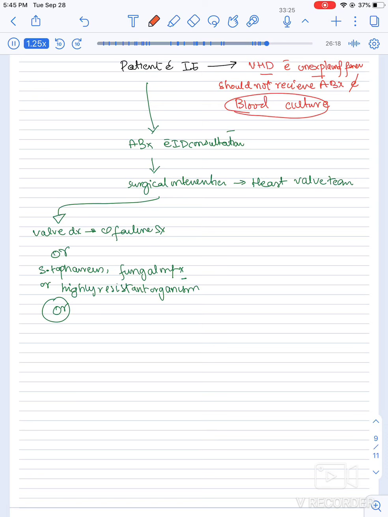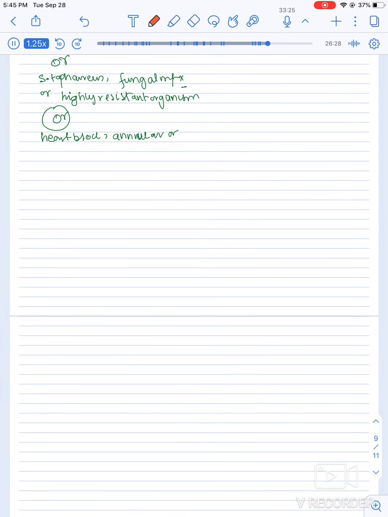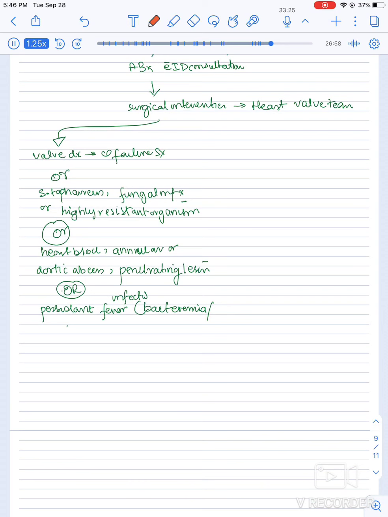Or if the patients have complications of heart block, annular or aortic abscess, or penetrating lesions, or persistent infection, which can include bacteremia or fever for greater than 5 days on antibiotics regimen.